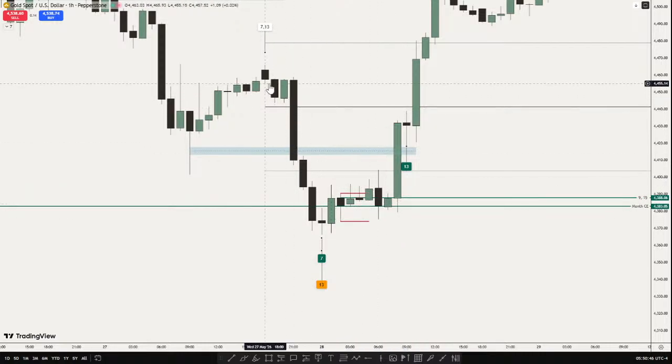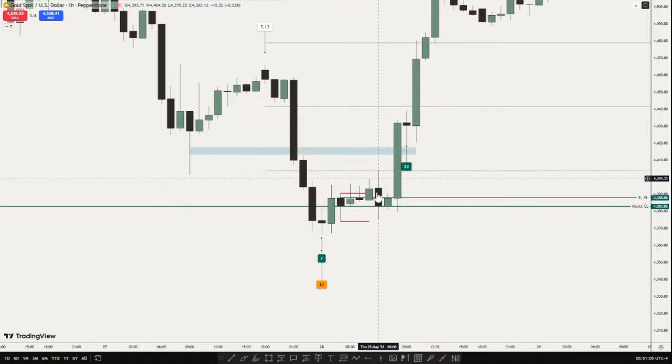So it would be 1 2 3 4 5 6 7 8, and then consolidation, 9 10 11 and then 12.